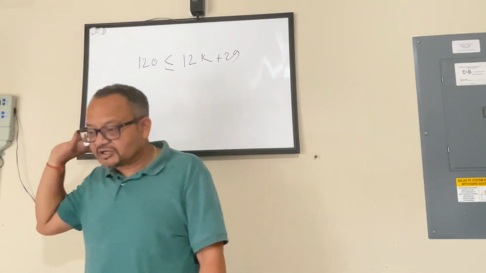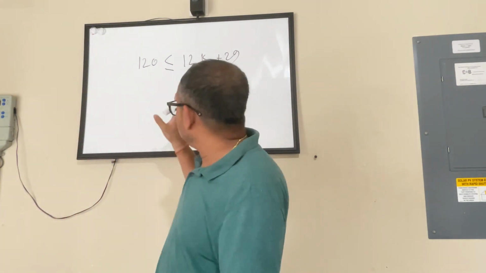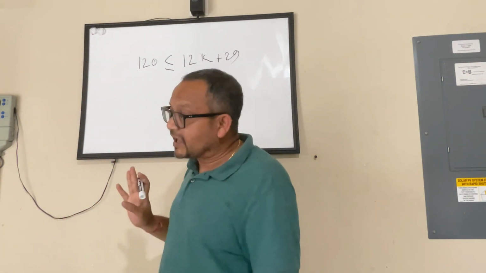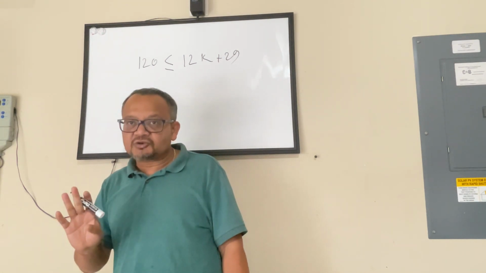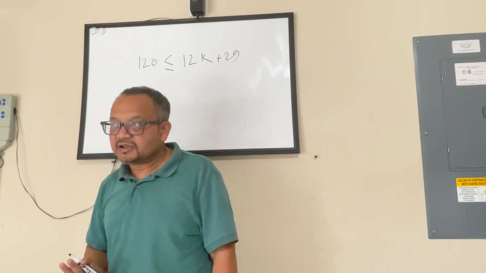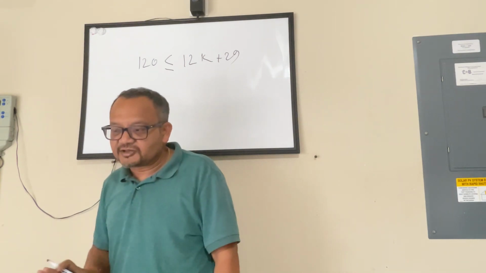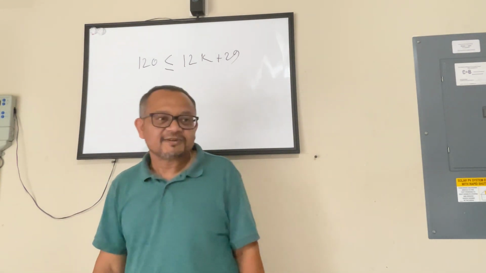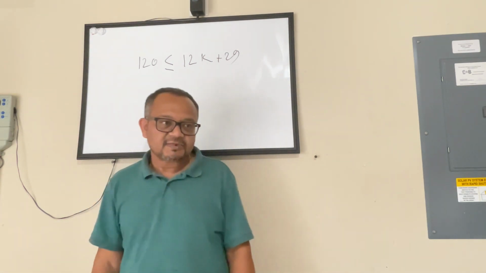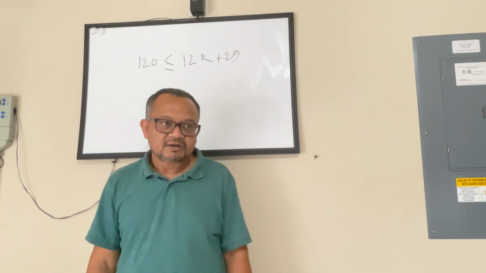Did you guys note it down? 120 is less than or equal to 12k plus 29. I'm going to read the options that are given, and trust me, I'm not teaching you guys anything. We're just trying to solve a problem that you can solve. Can I read the answer options? First one, A. Felicia has 12 buttons in her collection.